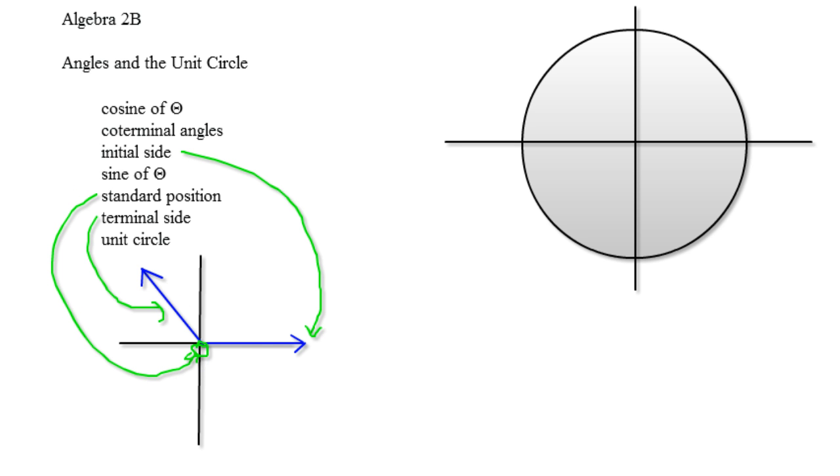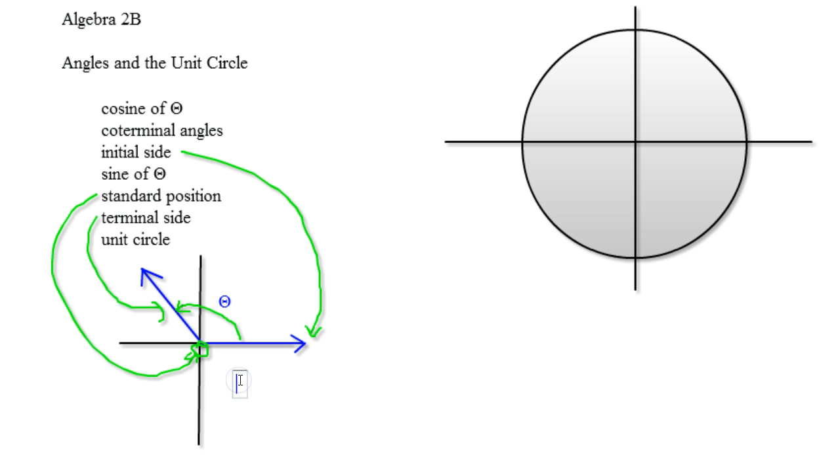Alright, so when you're ever talking about an angle, we're going to use a letter, and some of you might use a different letter, but usually it's going to be called theta. So that's the angle.